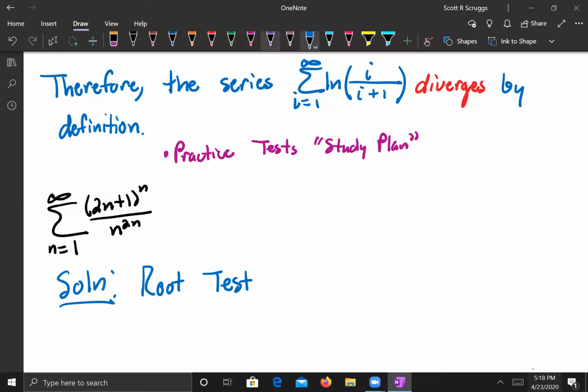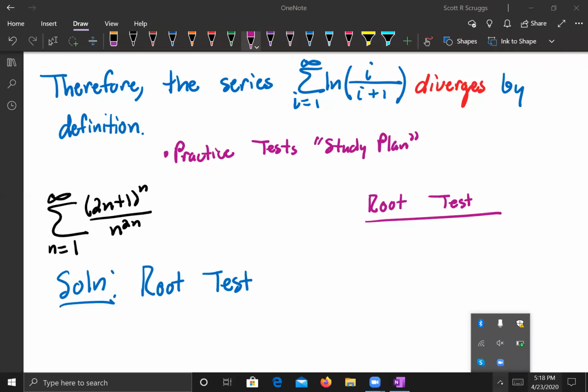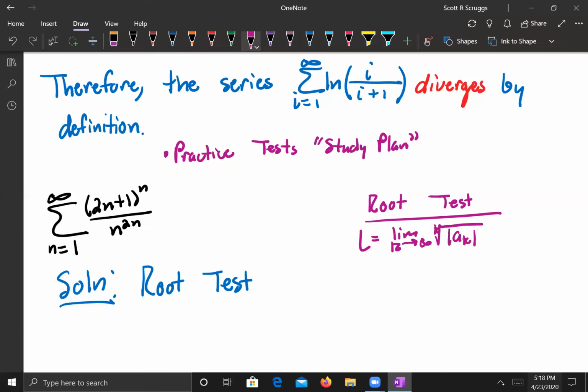So before I go on, let's do a quick recap of the root test. What the root test says is, for my series, I'm going to define L as the limit as my terms go to infinity of the kth root of the absolute value of what appears inside of the series.